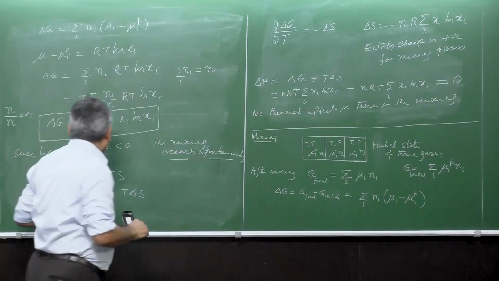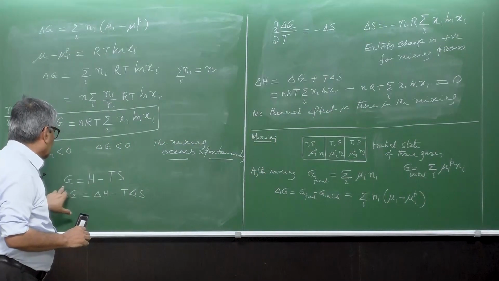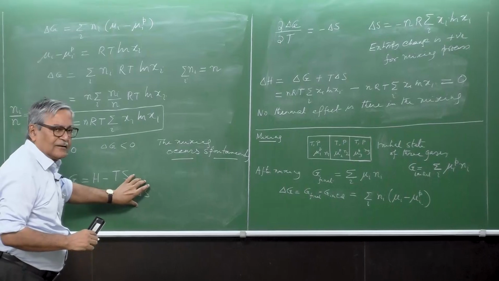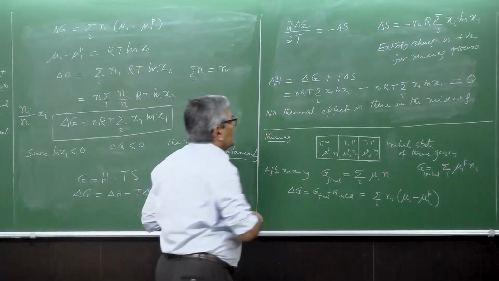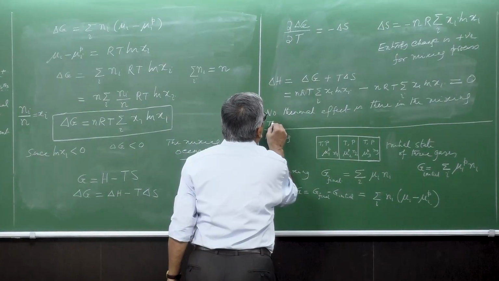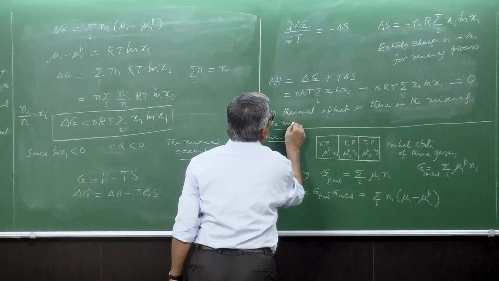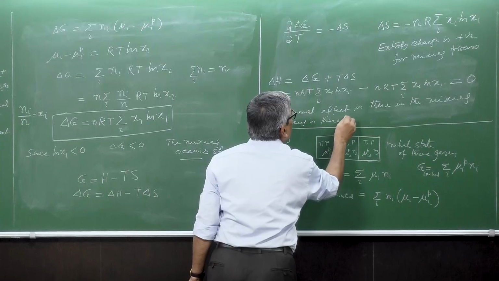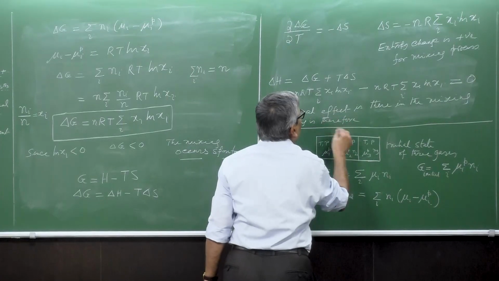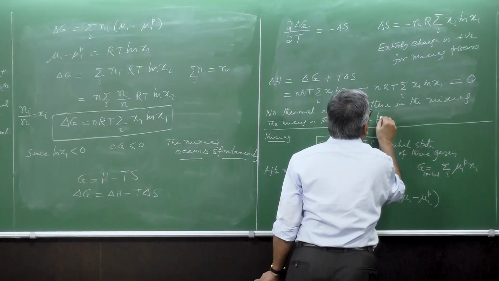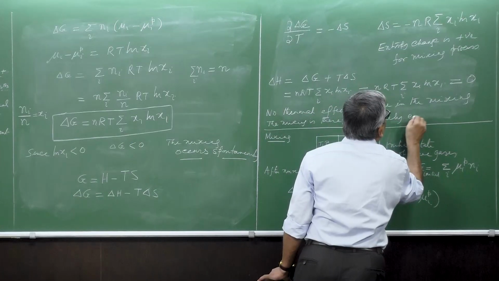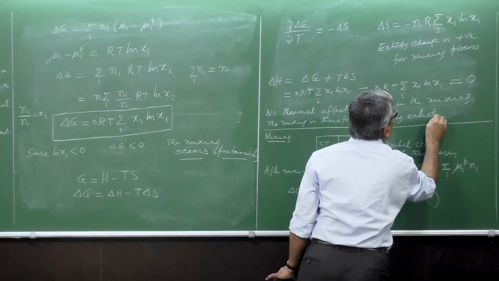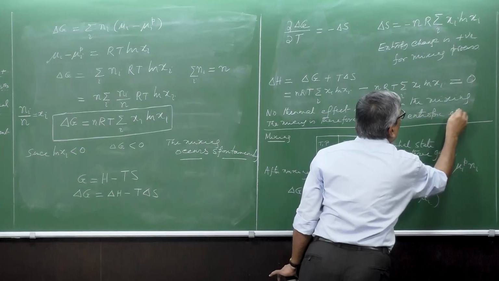Since this is 0, the delta G change is entirely due to entropy. So the mixing is therefore a purely entropic effect.